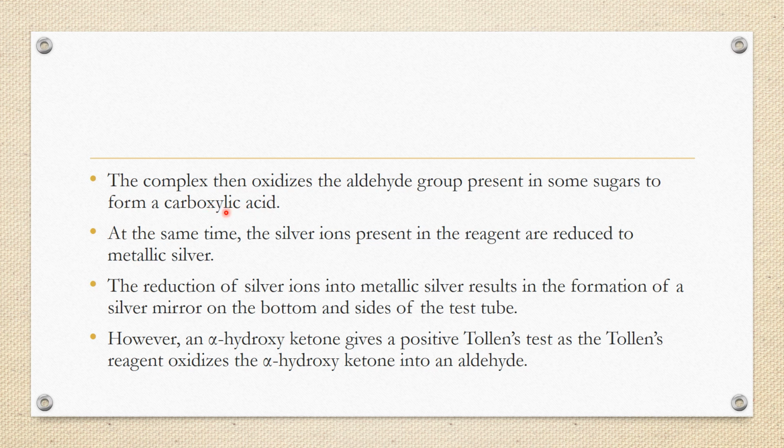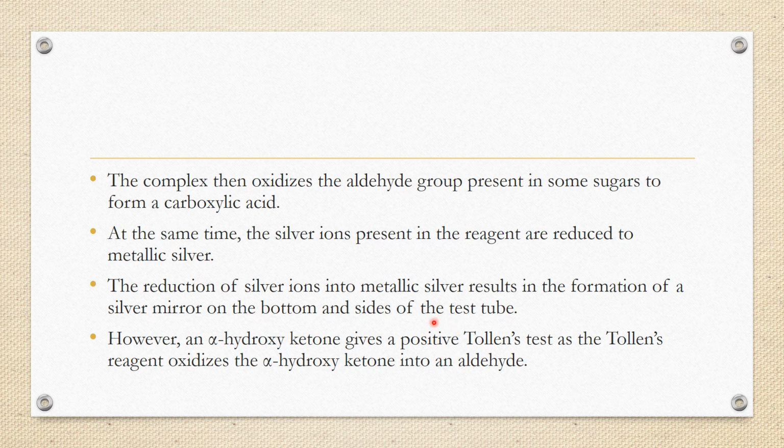At the same time, when this aldehyde group is oxidized, the silver ions present in the reagent will be reduced to metallic silver, and this metallic silver results in the formation of a mirror on the bottom and sides of the test tube, and this is the positive result for Tollen's test.